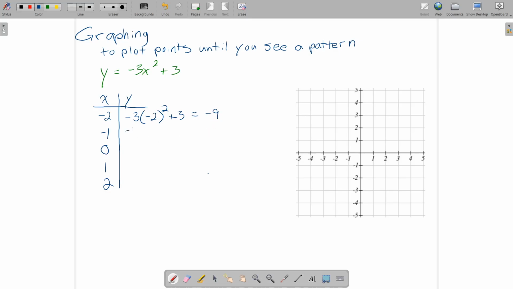Plug in negative 1. Negative 1 squared is 1. 1 times negative 3 is negative 3, plus 3 gives me 0. Plug in 0.